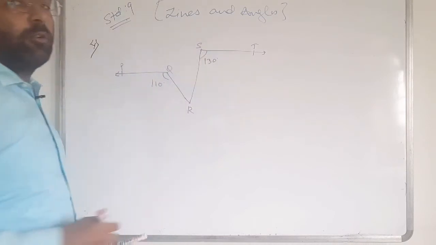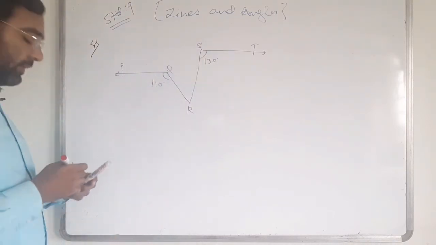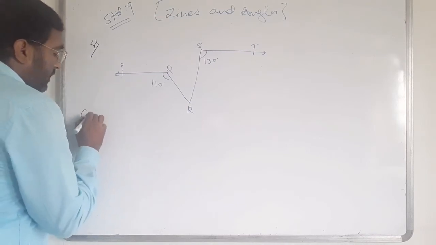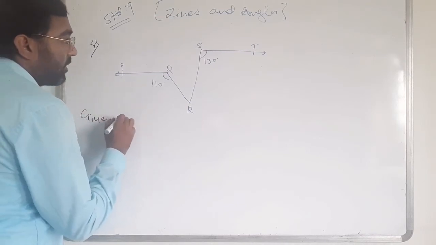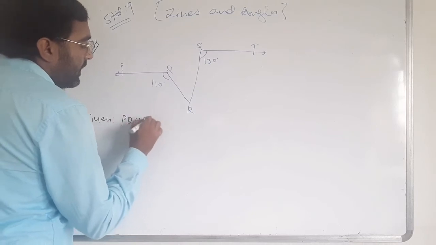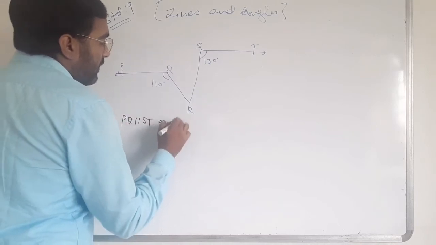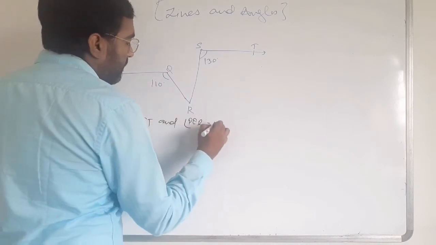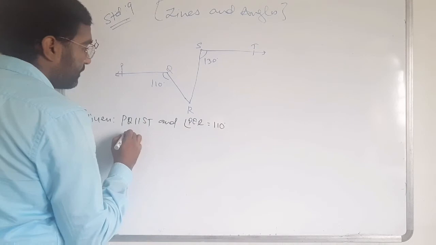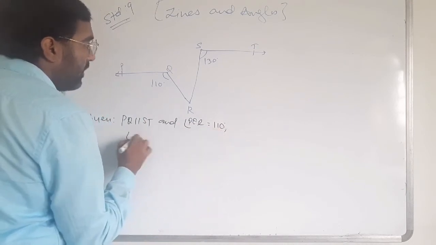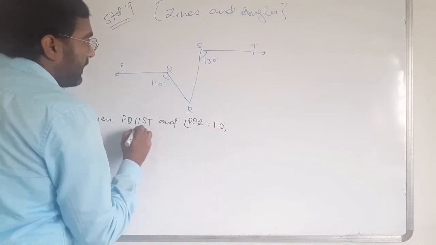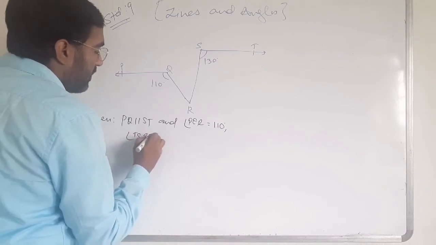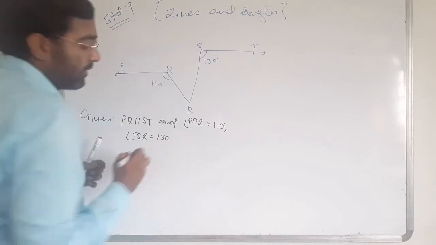And PQ is parallel to ST. So we have to write in the given: PQ is parallel to ST and angle PQR is equal to 110 degrees, and angle RST or TSR, any one of them you have to write. I'll write TSR is equal to 130 degrees.